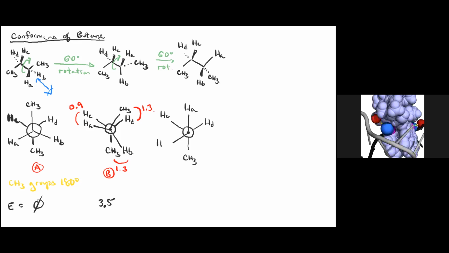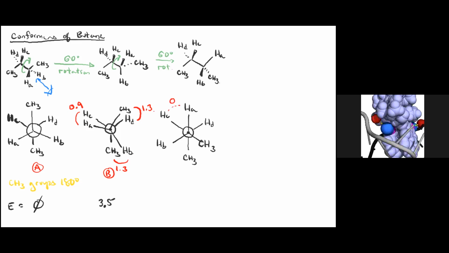HB winds up on the left, and the methyl group is on the right. Okay, and so remember that we said staggered hydrogen-hydrogen interactions are not counted. They're treated as 0.